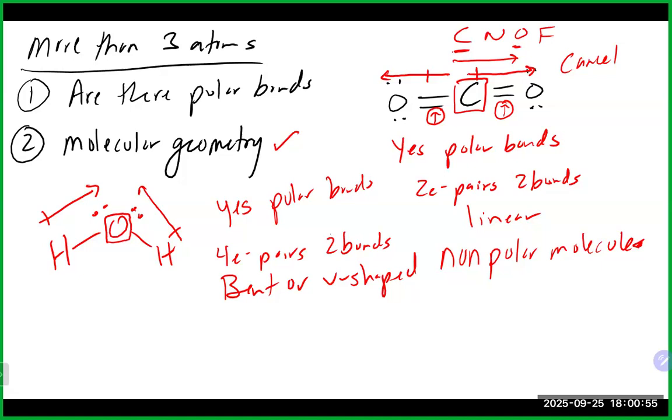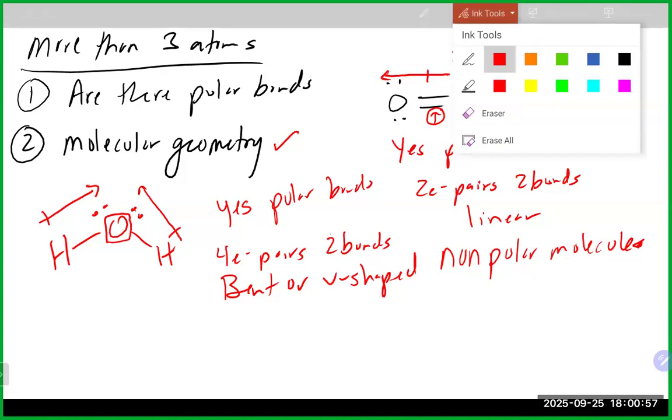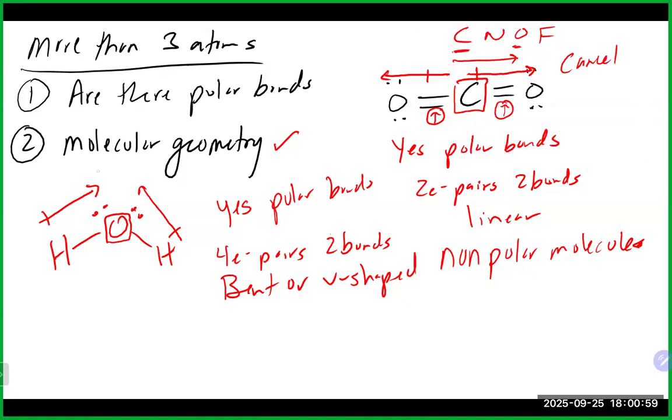So what happens in this case is we do actually get a net dipole moment in this direction of the molecule. And that's because the oxygen here will now be more negative in water, and the hydrogen side of the water molecule is more positive because of this unequal sharing of electrons.